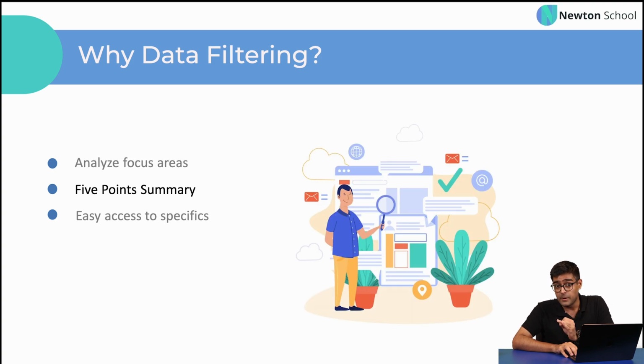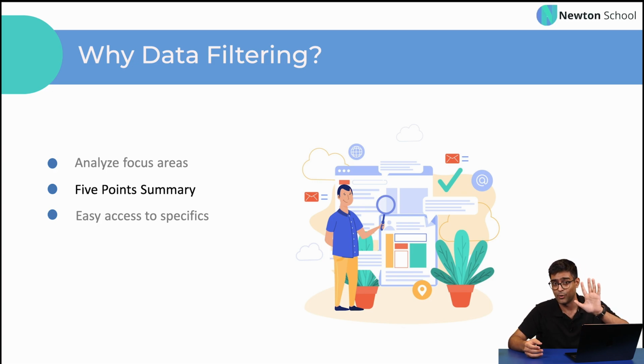When I say 5-point summary, it's very important to understand what it means. A 5-point summary is not like we'll give you 5 bullets which you have to cram into your head and remember throughout your day. No. 5-point means exploratory data analysis. That means the minimum value of that data, quartile 1, quartile 2, quartile 3, and the maximum value of that data.